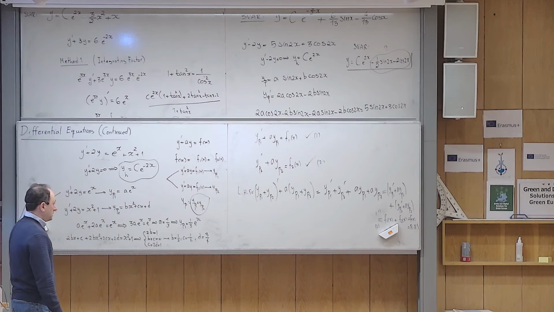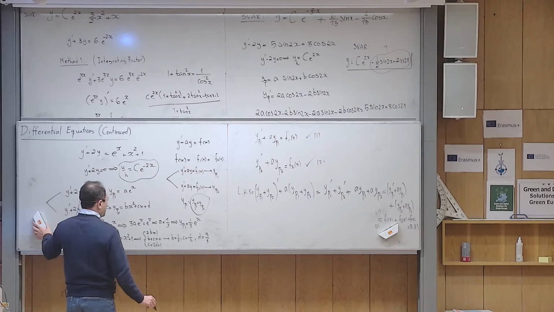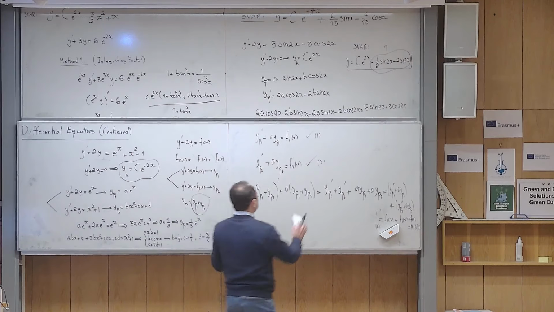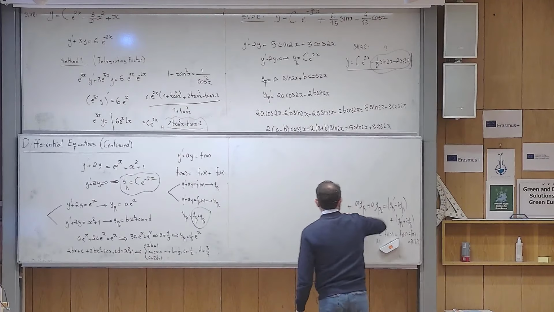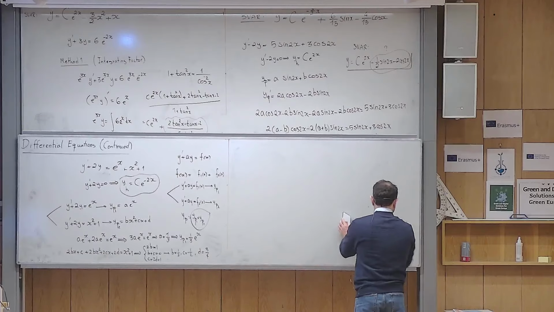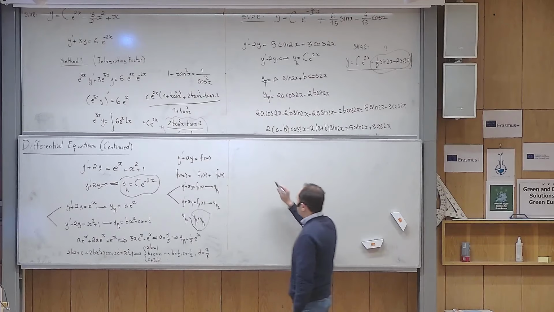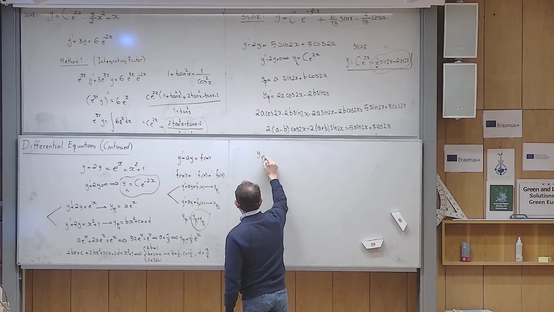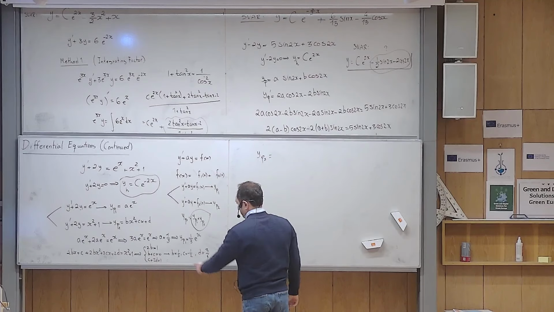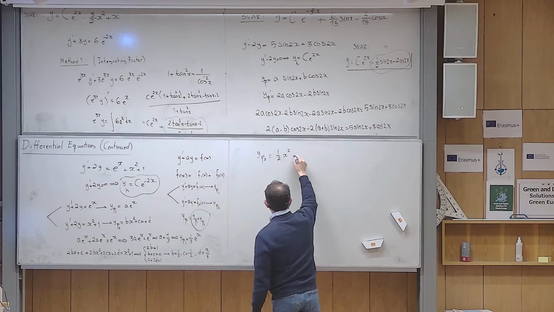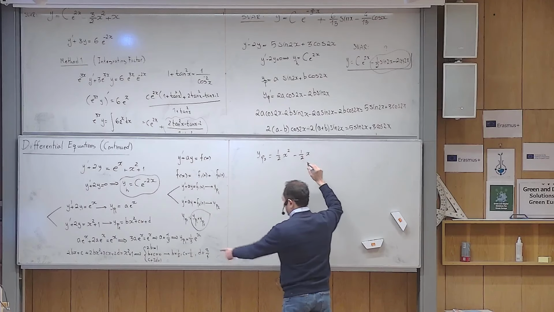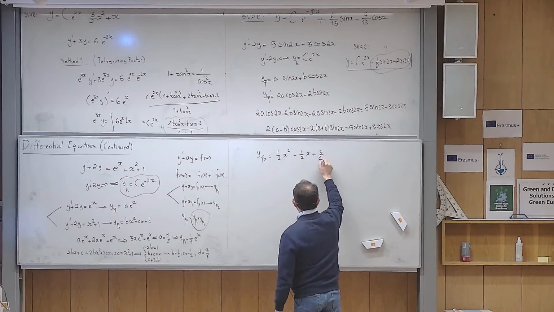Okay, and then what happens for yp2? So yp2 is b x squared plus c x plus d.